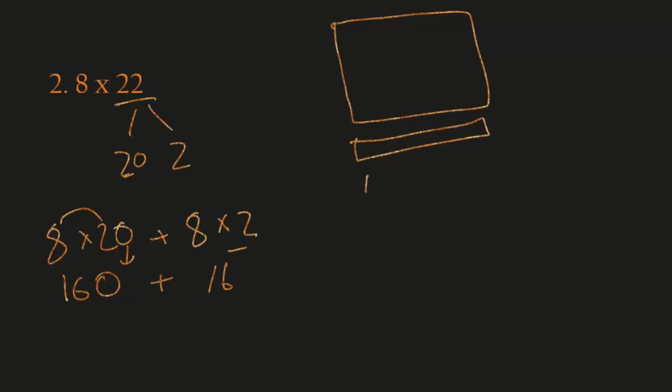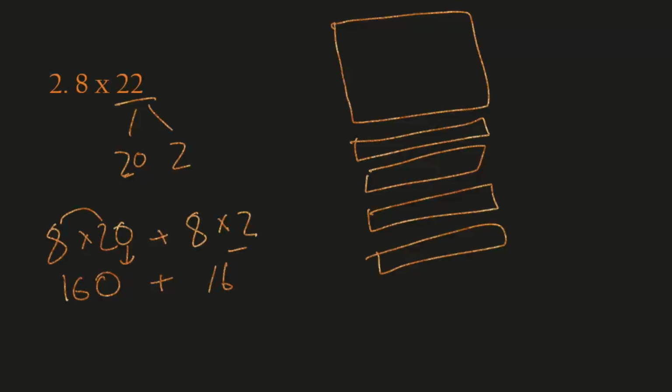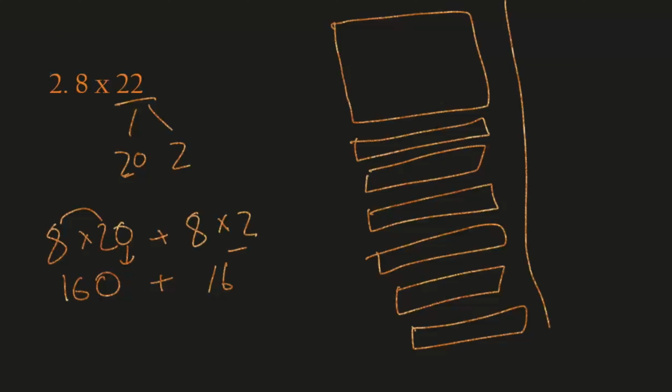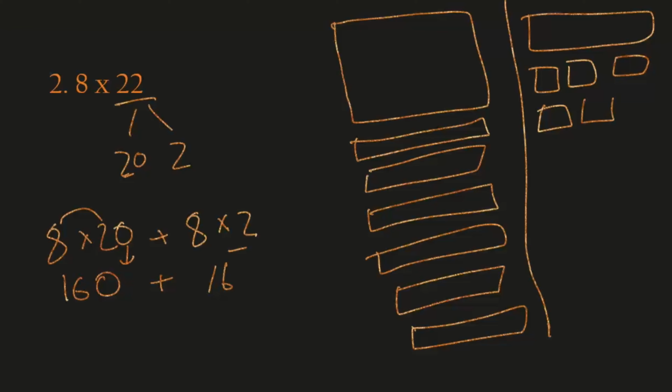So 1, 2, 3, 4, 5, and finally 6. Now we have to draw 16. So just do 1 of this, and then we can do 1, 2, 3, 4, 5, and 6.